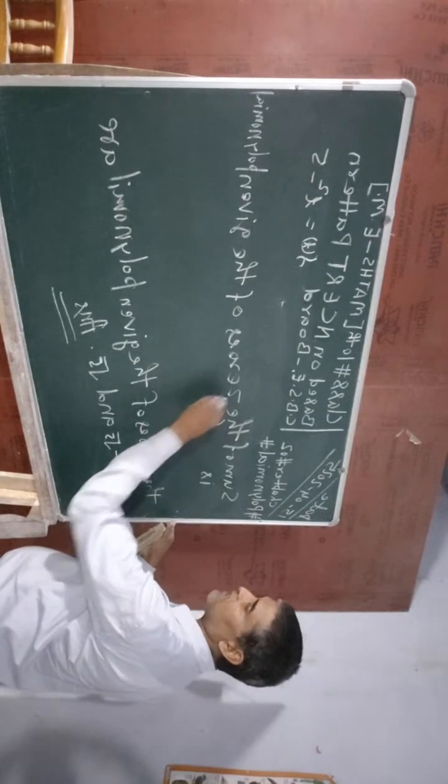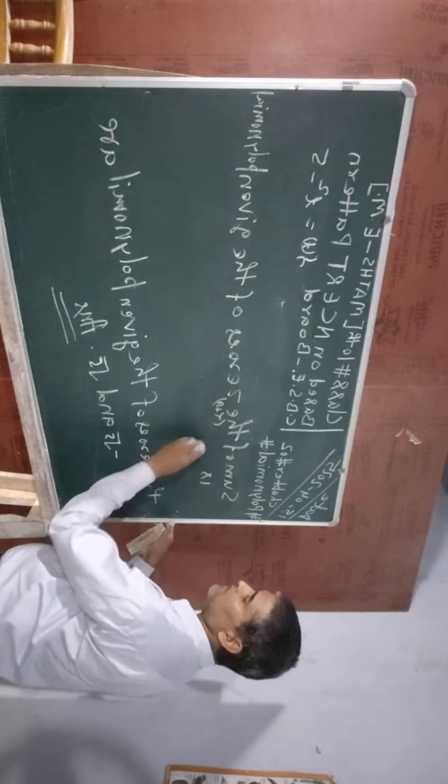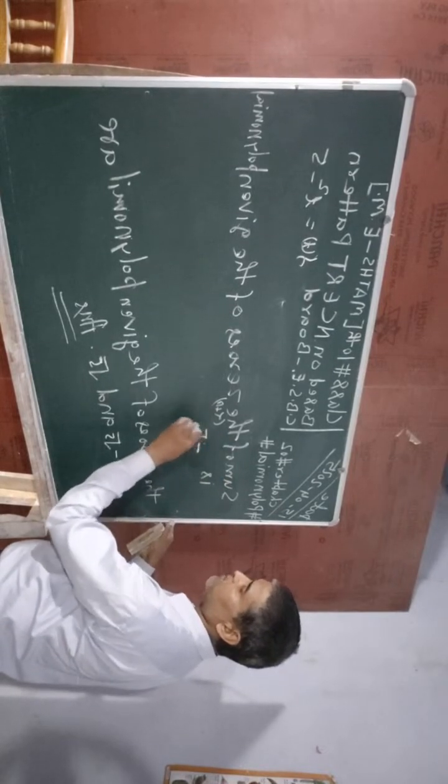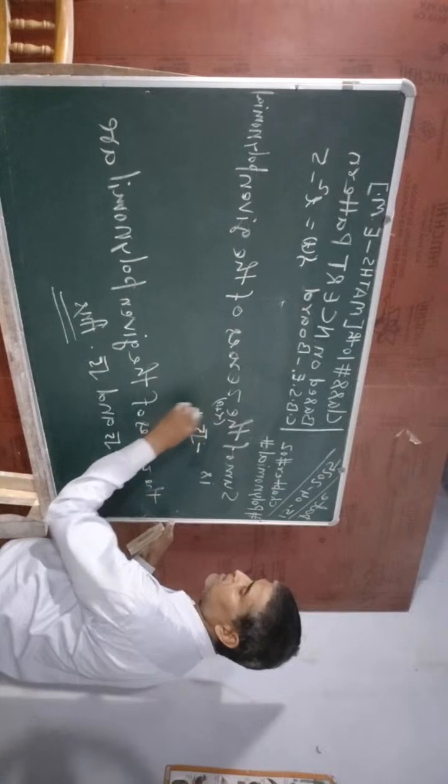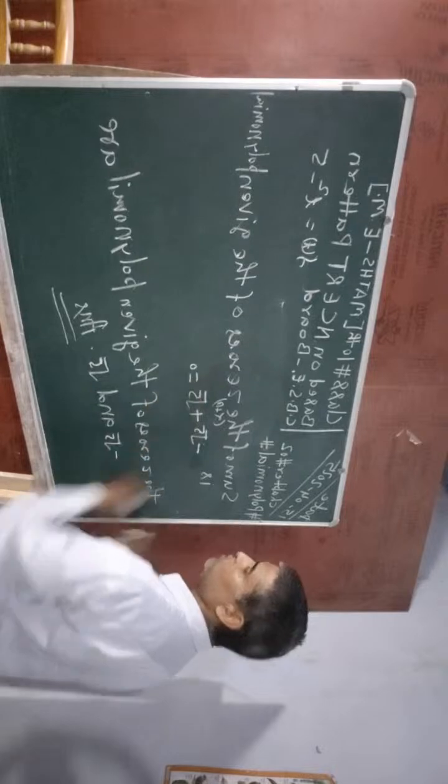Here I will write alpha plus beta is equal to minus root 5 and the other will be plus root 5. It means that it will have value 0.